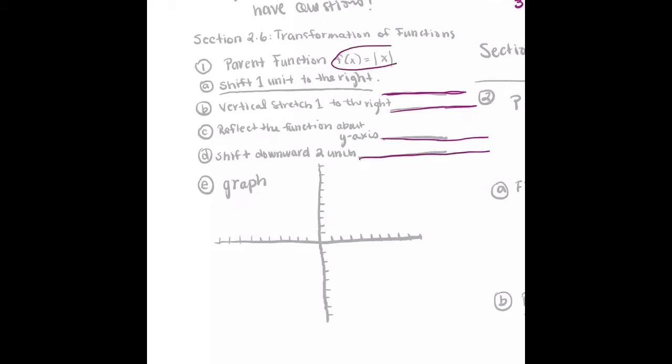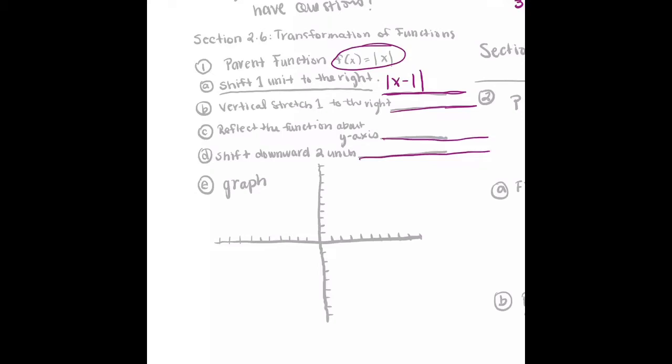And we have our parent function. So when I say it shifts 1 unit to the right, and you're going to the right, you are subtracting. And when it's a shift to the right or left, it's within the parentheses or tied to the x.